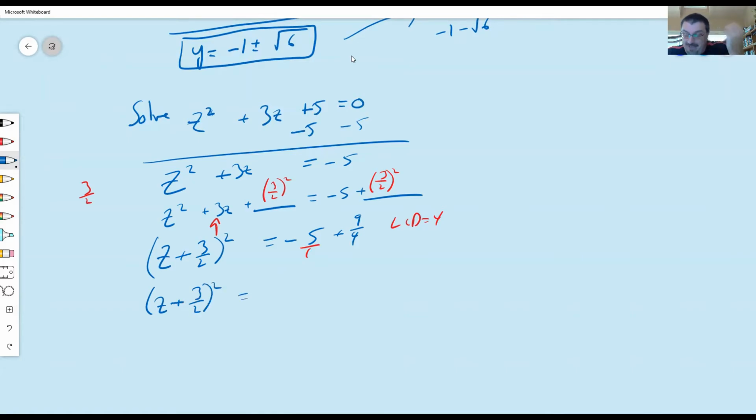For now, the left side is going to hang out. The right side is actually more work than the left side. So minus 5 over 1, the lowest common denominator is 4, so it'll be minus 20 over 4 plus 9 over 4.